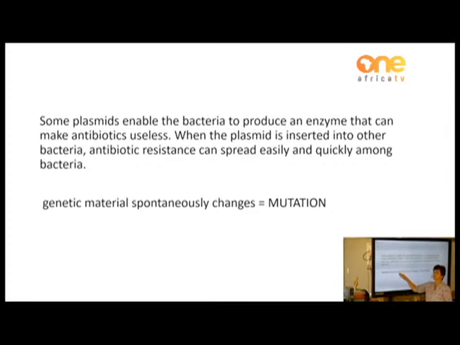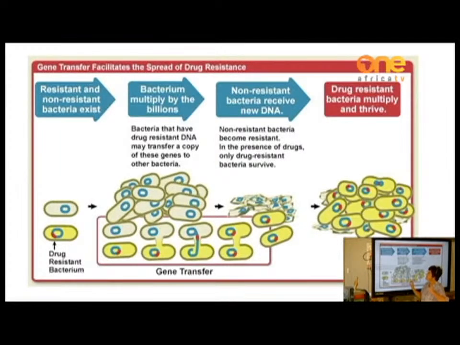Genetic material spontaneously changes. We see the mutations cause the antibiotic resistance. Now, it is not some miracle. It is because of a mutation. When can mutations occur? When not all of them die. So we need to make sure that all of the bacteria are dying with the intake of antibiotics.